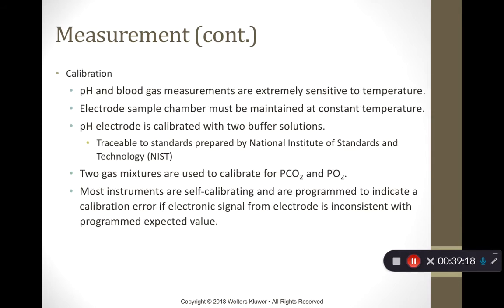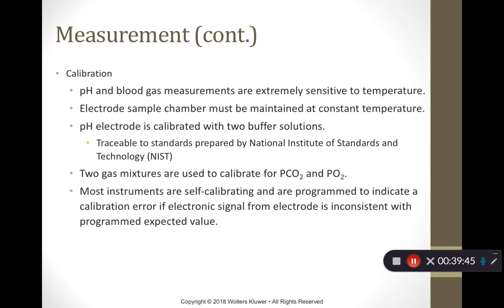Calibration of the instruments in blood gas measurement is very, very important. These pH and blood gas measurements are very sensitive to temperature. The electrode sample chamber must be maintained at a constant temperature. The pH electrode is calibrated with two buffer solutions. You can use ones traceable to standards that are prepared by the National Institute of Standards and Technology.